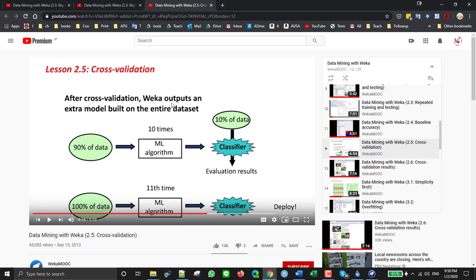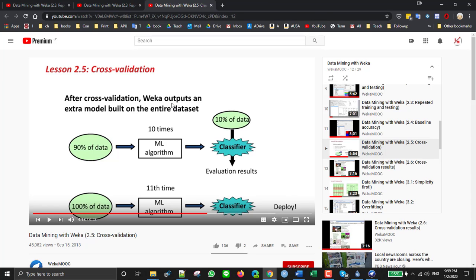But we saw that that's not exactly how we measure the accuracy of our algorithm. How we measure the accuracy is, for example, tenfold cross-validation. We just explained that.